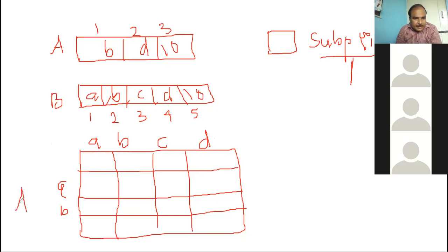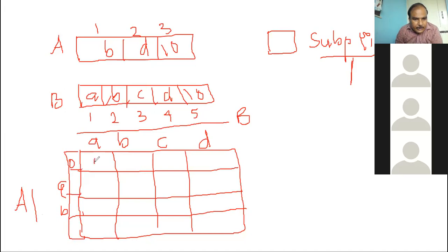This is sequence A, and this is sequence B. By default, you draw a 0 row and a 0 column. Please put a 0 row and a 0 column.